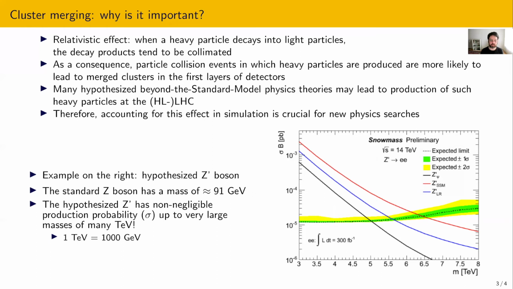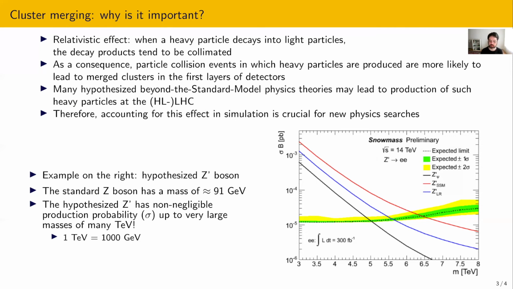So I just wanted to give, at the bottom of the slide, an example. In the standard model, we have a particle called the Z boson, which has a mass of about 91 giga-electron volts. And there's a hypothesized particle called the Z prime, which would be like the cousin of the Z boson, but much heavier.